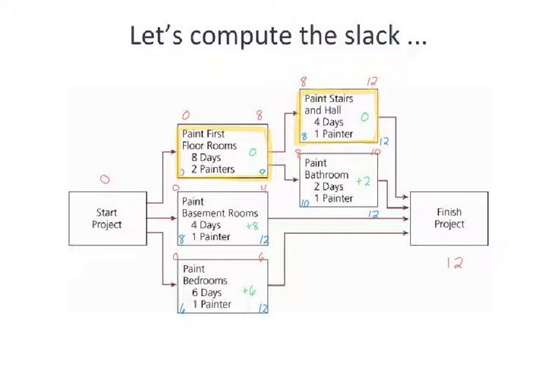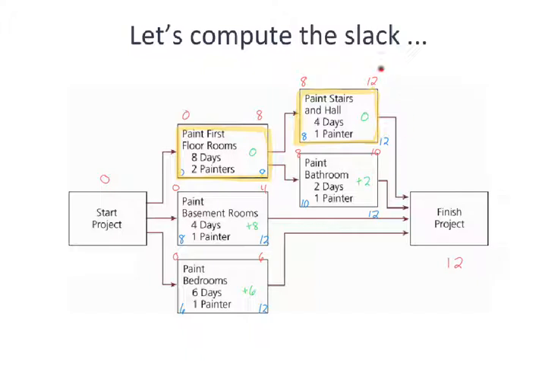The green numbers represent the slack, so our critical path has 0 slack. We have +8 on painting of the basement rooms, +2 on painting of the bathrooms, and +6 on painting of the bedrooms. We also still have precedence rules, so that's important to keep in mind.